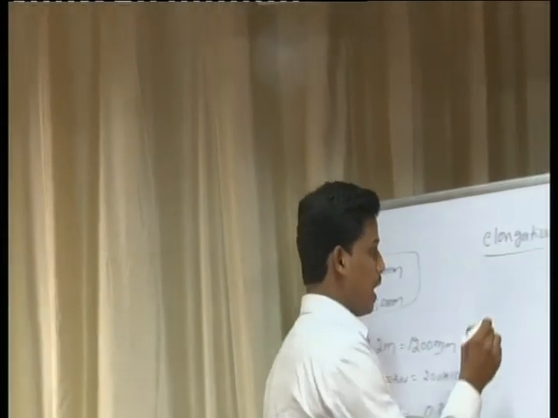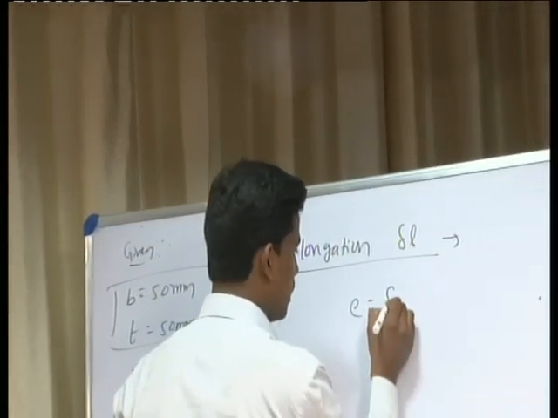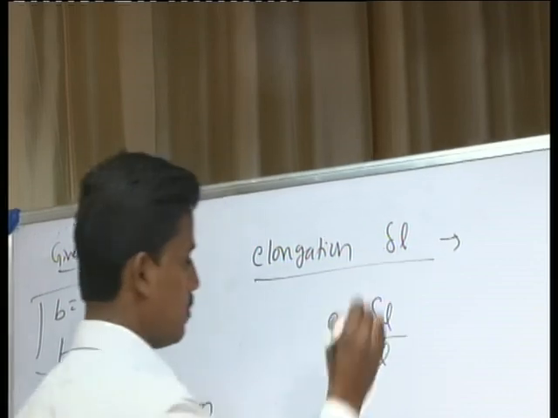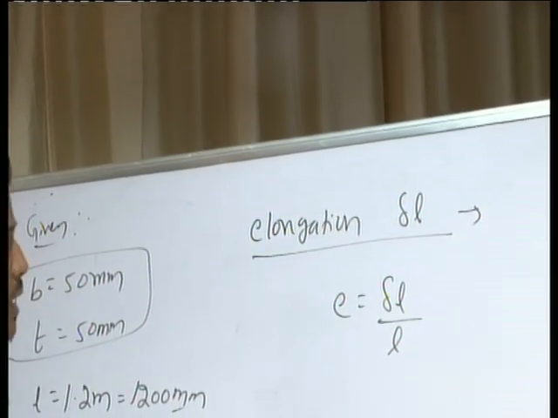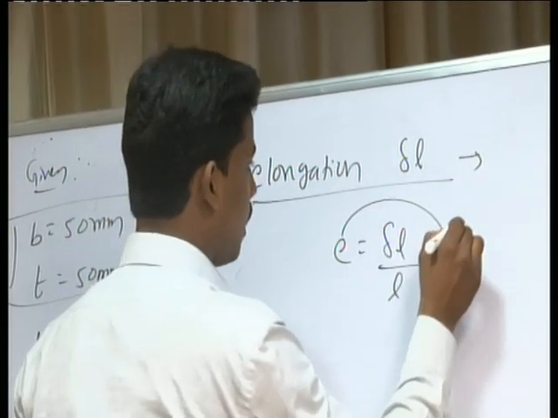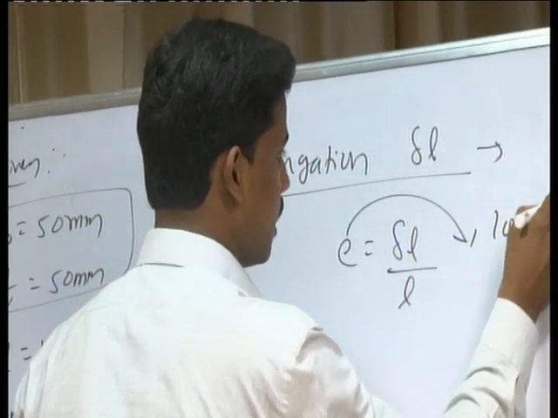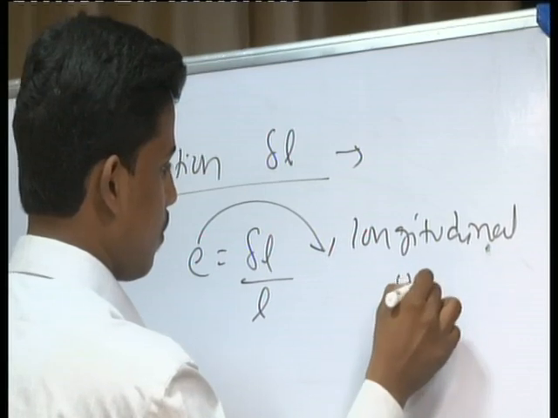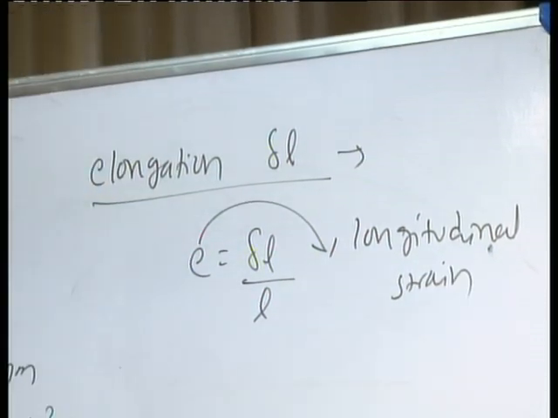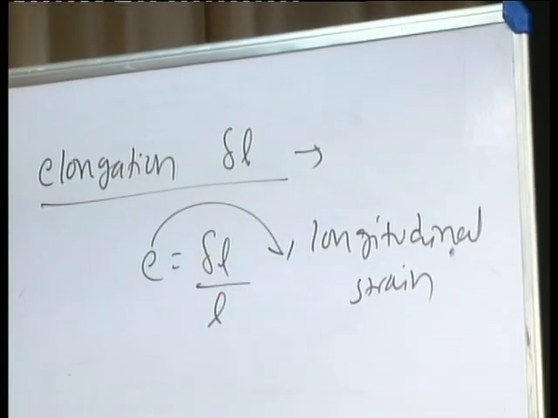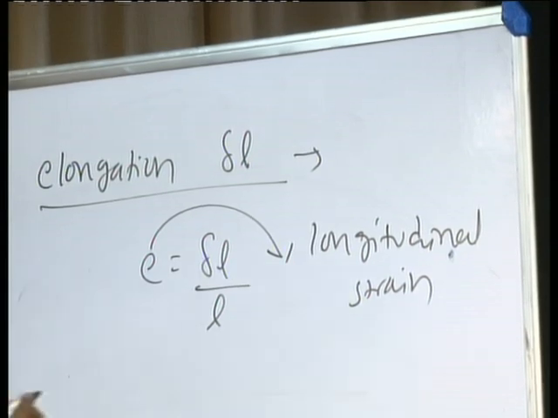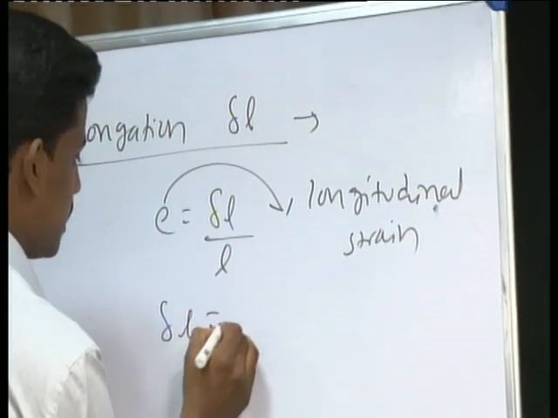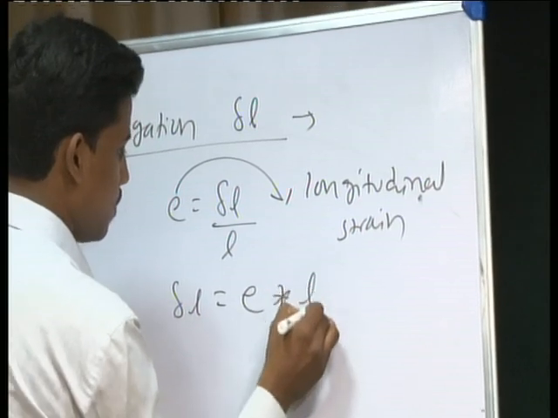We have E is equal to delta L by L. This strain is longitudinal strain. So delta L is equal to E into small l.